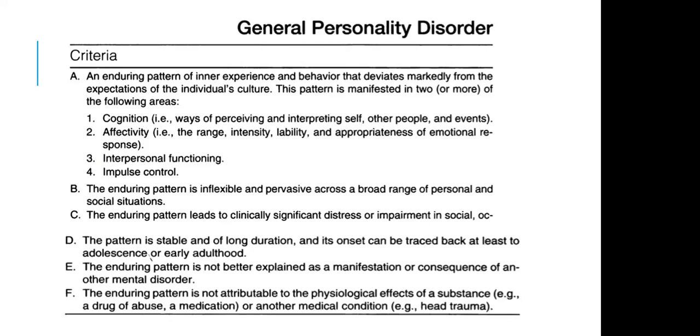We have to take note that the person's presentation may meet the criteria of more than one disorder. And when a patient has more than one personality disorder, the clinician should diagnose each one of them. And as I said earlier, personality disorder is stable, which means it involves a long duration of time, as in criteria D.